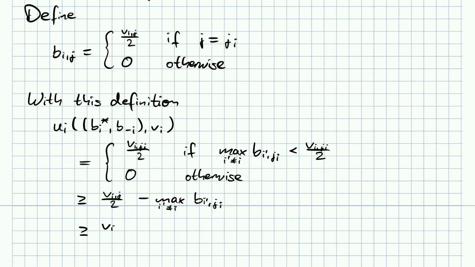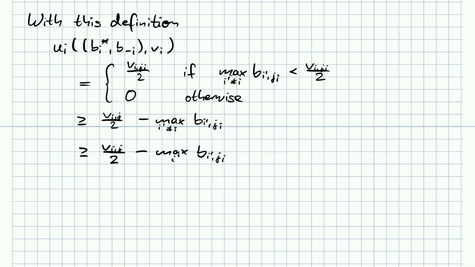Now we can also include in this maximum here bidder i. That can only increase the maximum. Now take the sum over all bidders. What is it that we're getting?